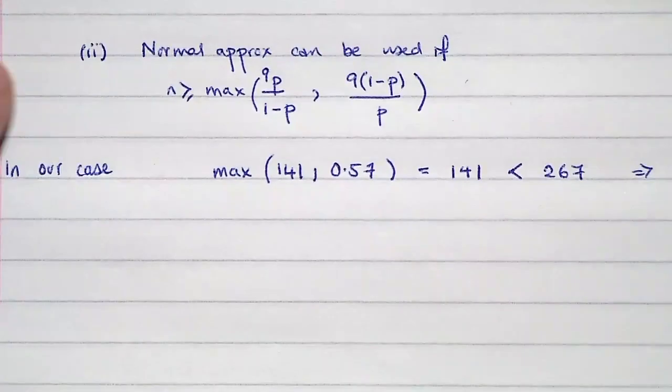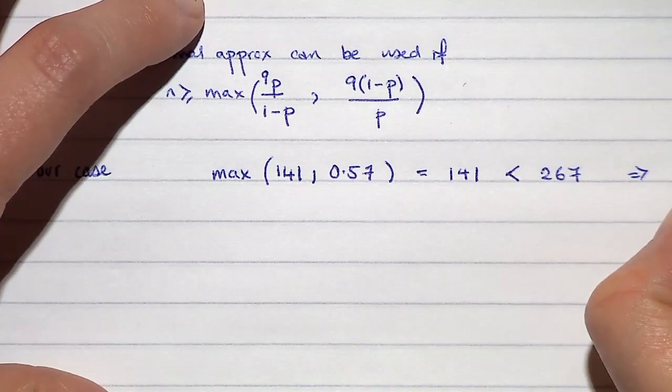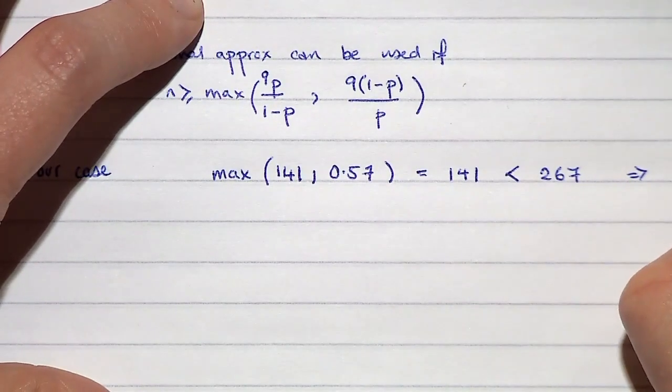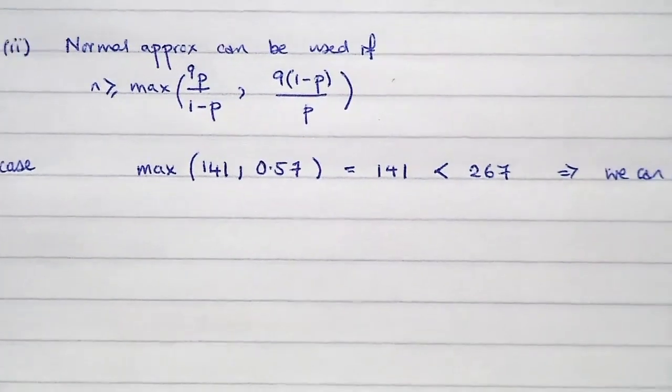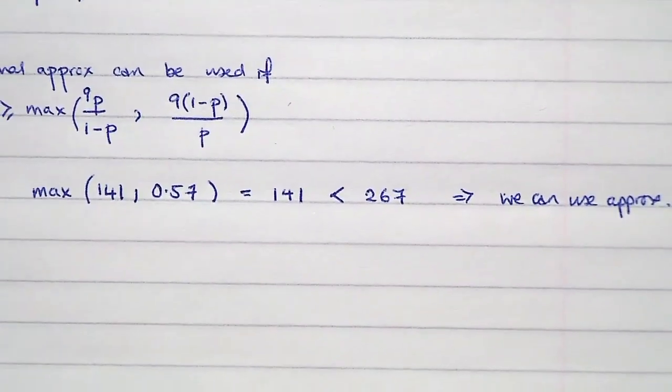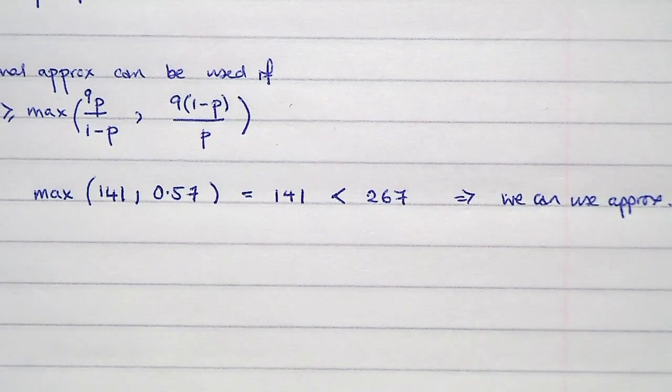So in our case, we're allowed to use the approximation because 141 is less than 267.